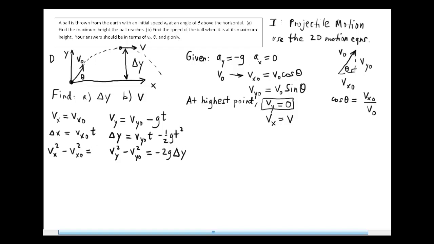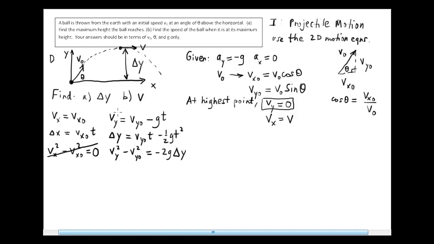But I know the acceleration in the x direction is 0, right? So that would just be 0. Well, that's kind of a simple equation. It's telling me that Vx is just equal to Vx0. And I knew that already because it was in the top equation. So this equation here doesn't really give us any additional information that we didn't already have.